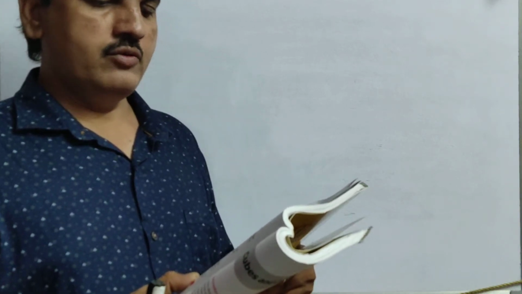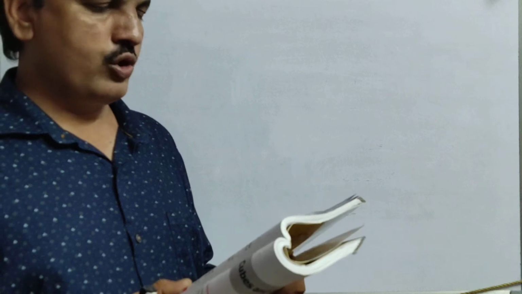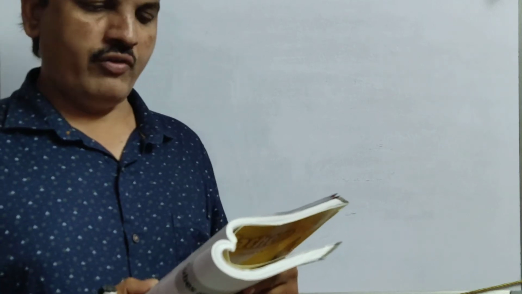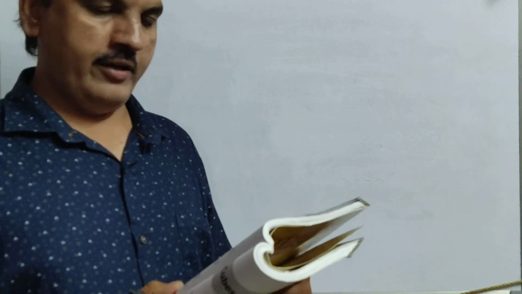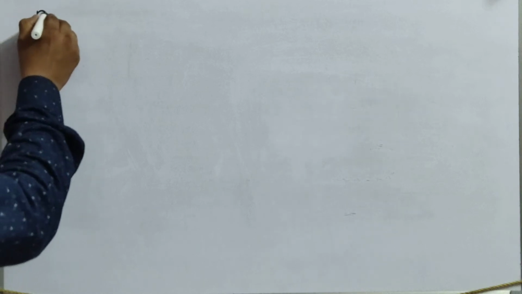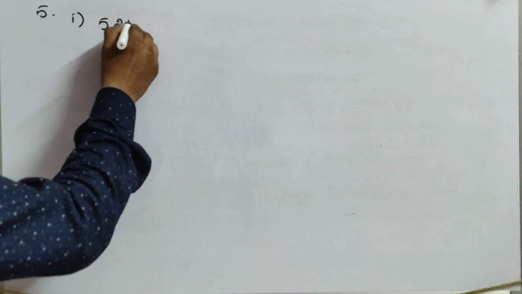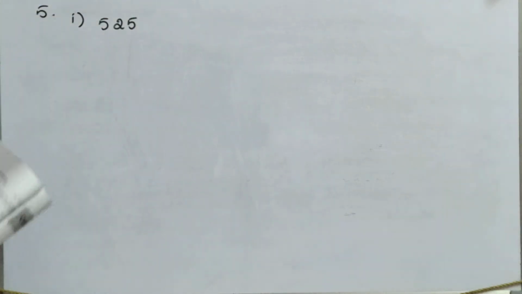Which must be added to each of the following numbers so as to get a perfect square. Also find the square root of the perfect square so obtained. The first question is 525.